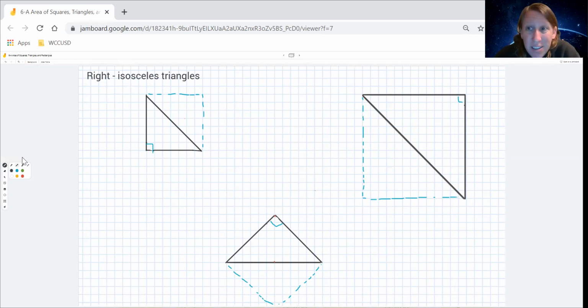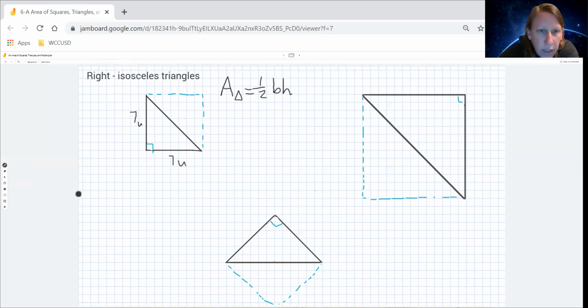So in this case, it's definitely not base times height. The area of a triangle is half the base times the height. So for this one, I'm going to count 1, 2, 3, 4, 5, 6, 7. And these are units, and we're going to be including units.